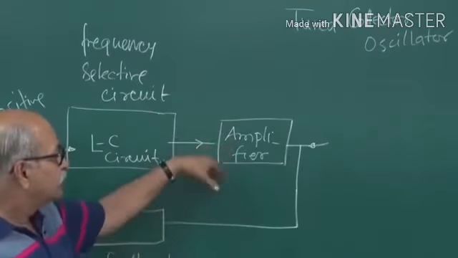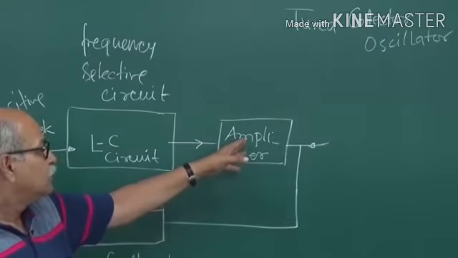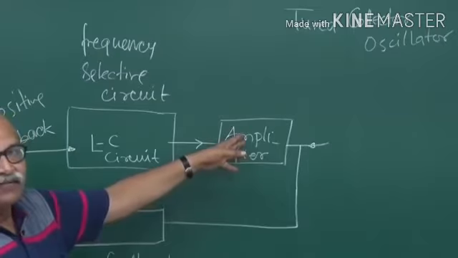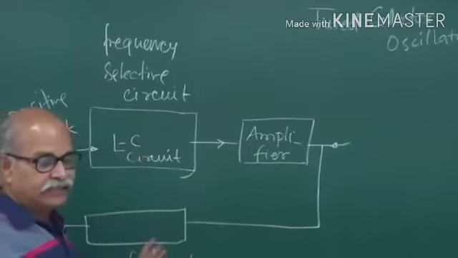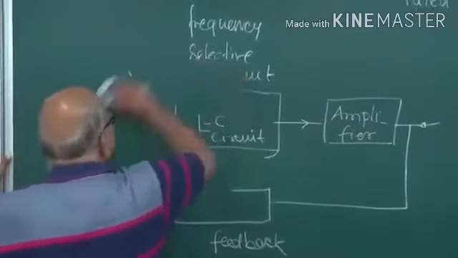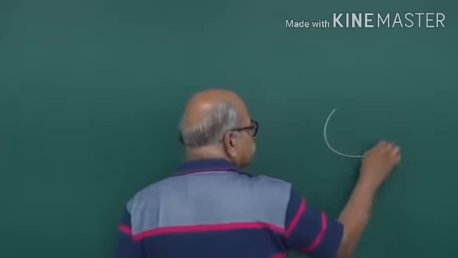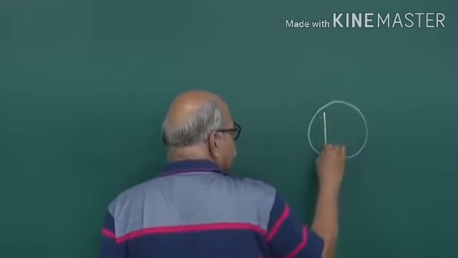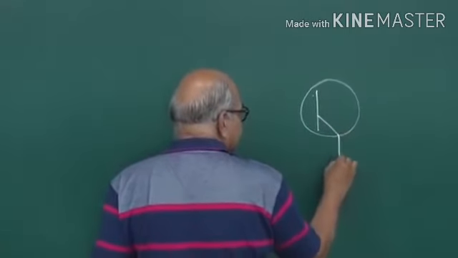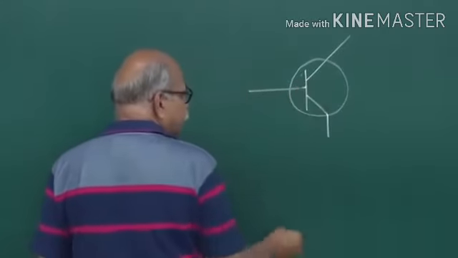So let me revise a little bit of this amplifier, how we use a transistor as an amplifier in common emitter mode, and then we will see how to put up these things. So in a transistor amplifier in common emitter configuration, you have this emitter here and collector here, base here.